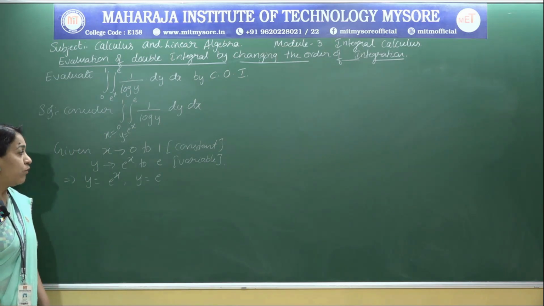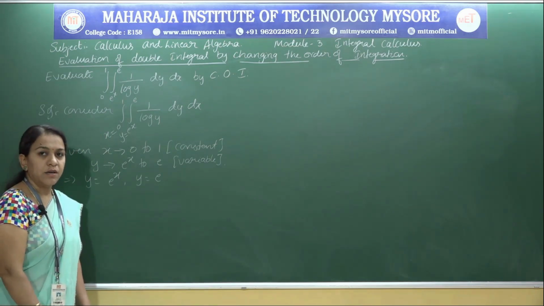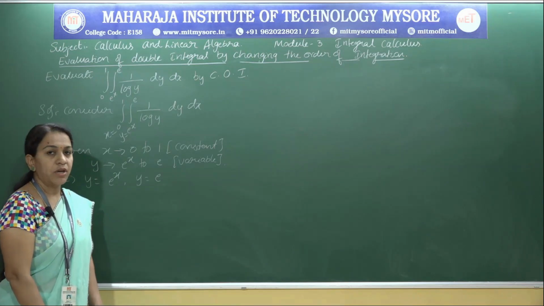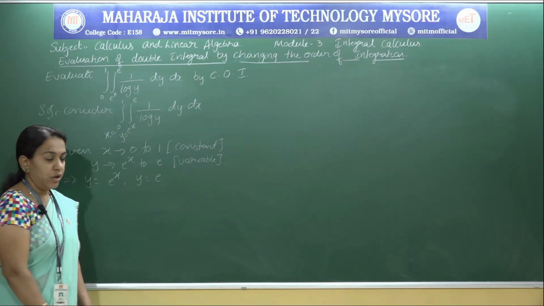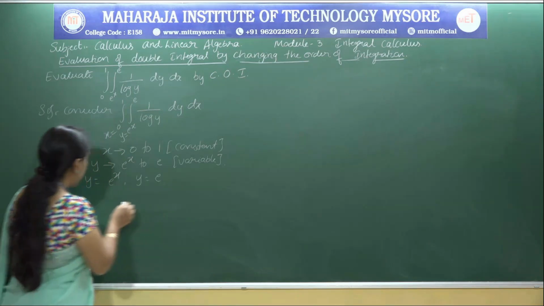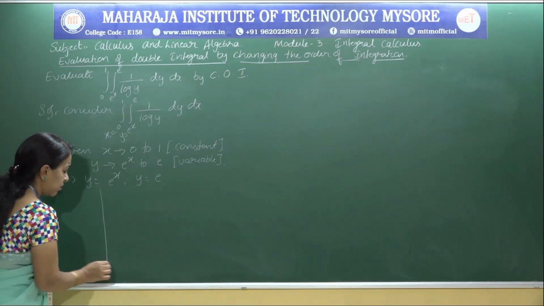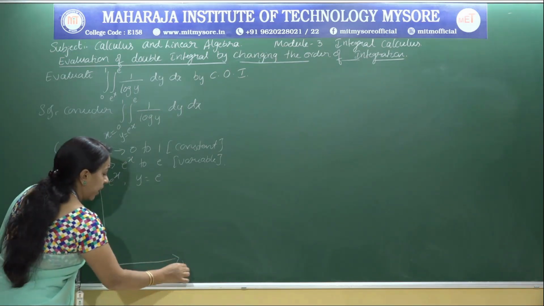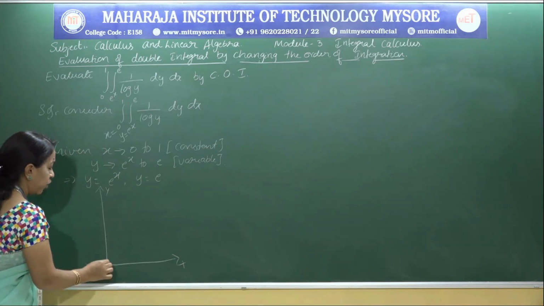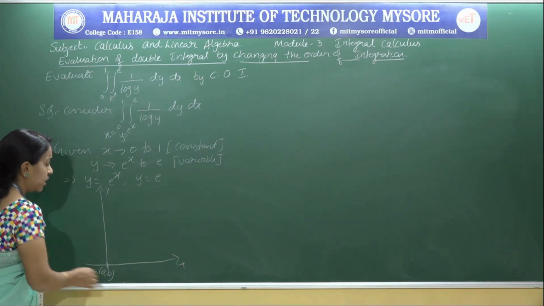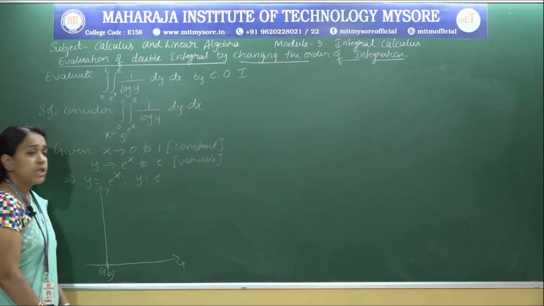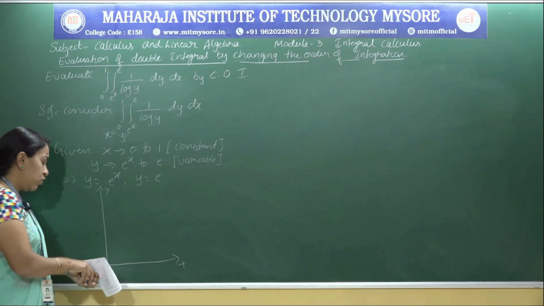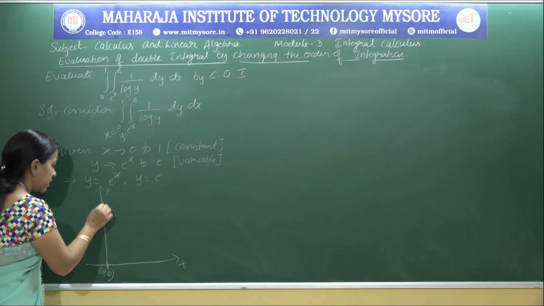Okay. Now, before getting the new limits, we should represent the given curves in a coordinate plane. So, consider a coordinate plane, x and y axis. We know that it is origin 0, 0. X equal to 0 is nothing but the y axis. We know that.